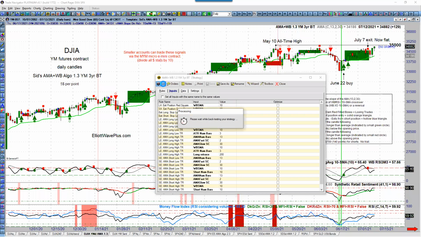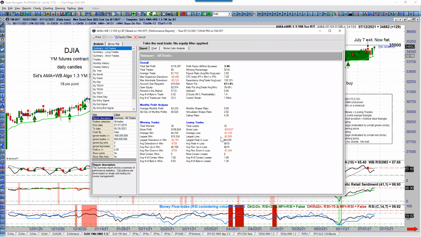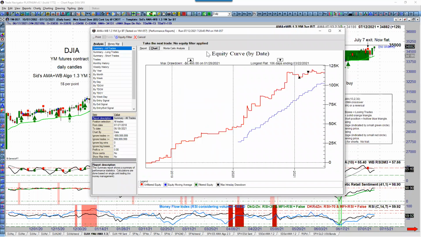So I'm going to run that backtest one more time. Here it is. And here's the additional thing I'm going to show you this week on a bunch of items. We're going to run through the equity curve. So on the equity curve on the Dow Jones Industrial Average, had you started 3 years ago, there's the amount of profit that would have started piling on over the last 3 years.